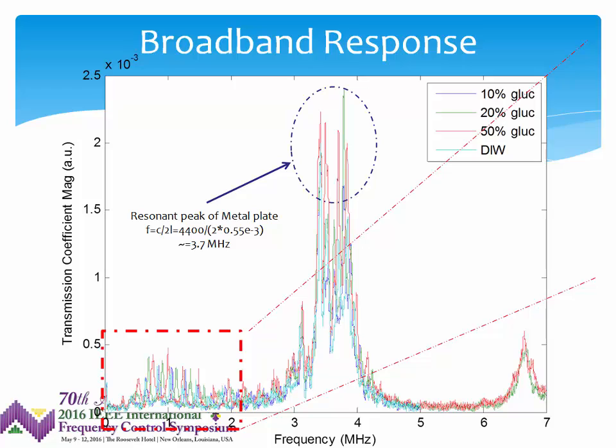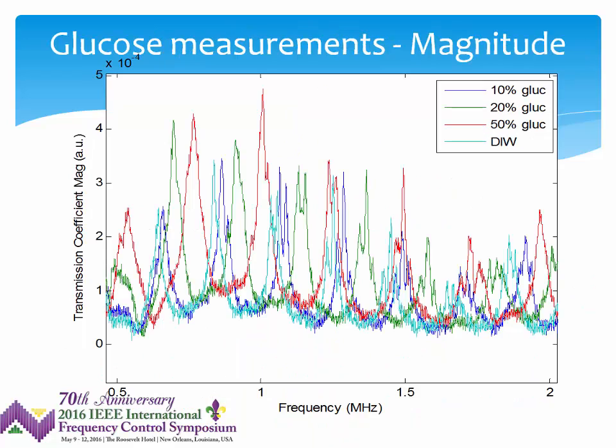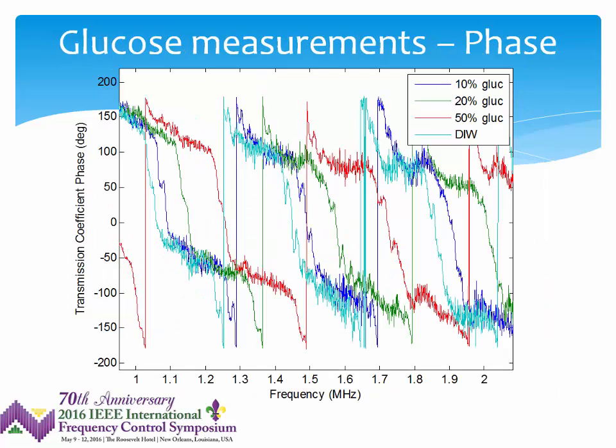The frequency range of interest is in the lower frequency end, so in the low megahertz. That then spaces the response away from the resonance of the metal plate itself. And so that's what the raw data looks like as you go from DI water to varying concentrations of glucose, in magnitude and phase responses.